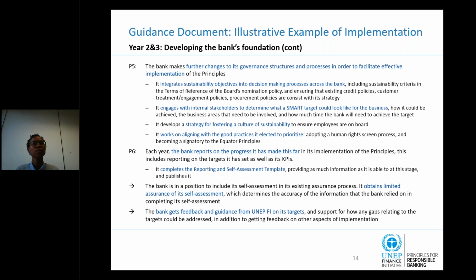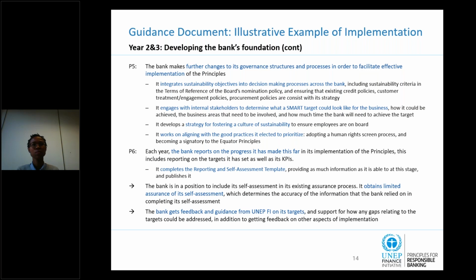So it starts by integrating sustainability objectives into some decision-making processes across the bank. They've included sustainability criteria into the terms of reference of the board's nomination policy. So that is thinking about who might be moving onto the board and identifying that there are some criteria around new board directors that have got some element of experience around these sustainability criteria. So perhaps it might be around gender focus, for example.